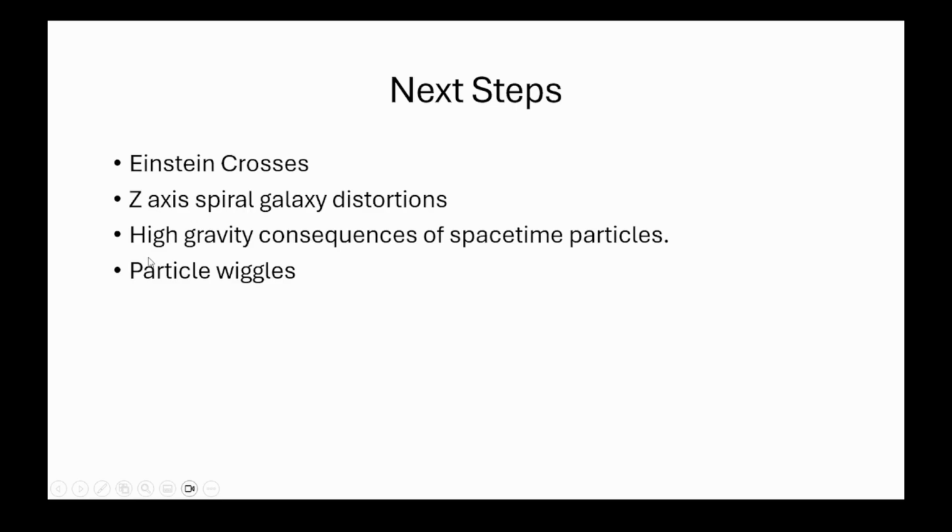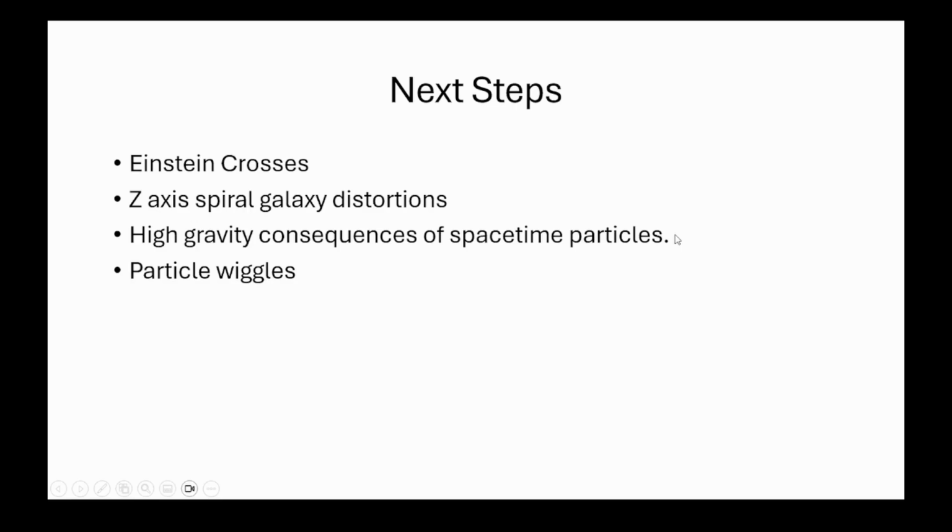Something else I would like to talk about is the high gravity consequences of space-time and particles. Before, I had mentioned that there might be some discrepancies with general relativity when the gravitational masses get very large. I wasn't sure how I was going to test this, but it just so happened that I stumbled on a really easy test scenario that showed that there indeed was a discrepancy between the model that I'm using and general relativity.